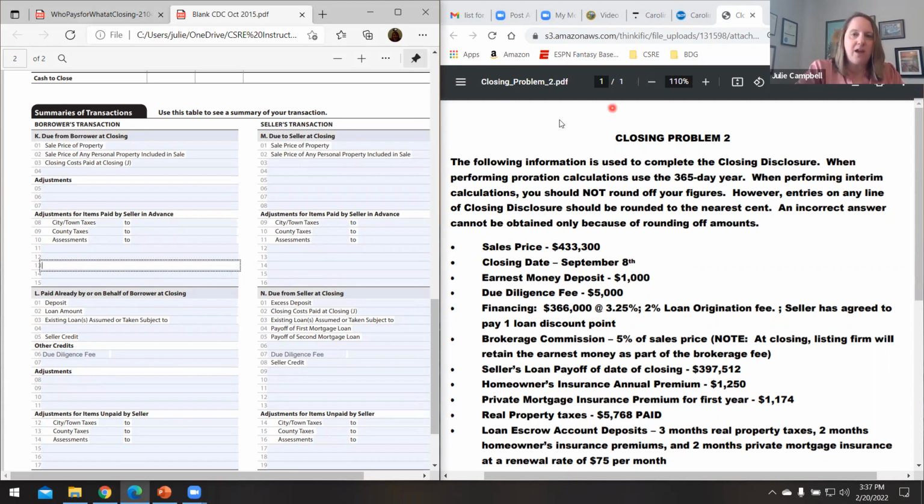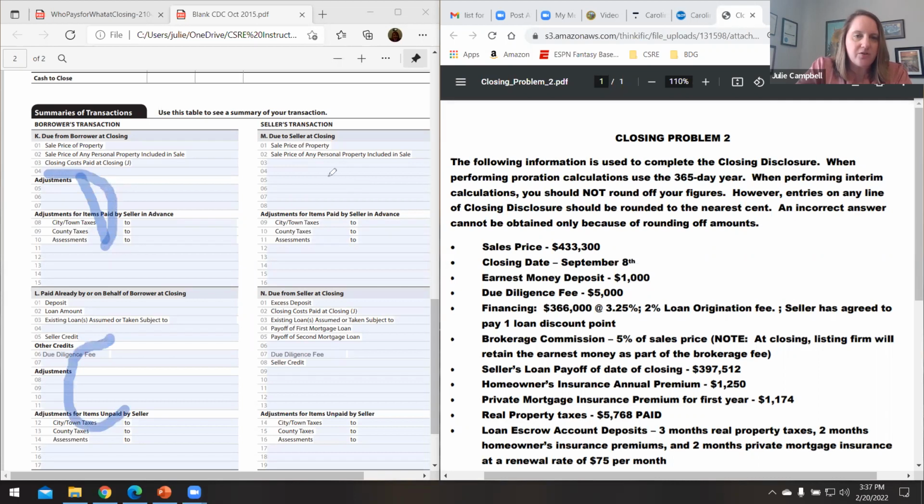And remember, when you're prorating HOA dues, if this helps you, when you get your paper CD, do your blank CD so you can see this is the buyer's debits, this is the seller's credits, and the seller's credits and the buyer's debits, right? So if that helps you to see that, by all means, it's your blank CD. You can do with it whatever you want to.